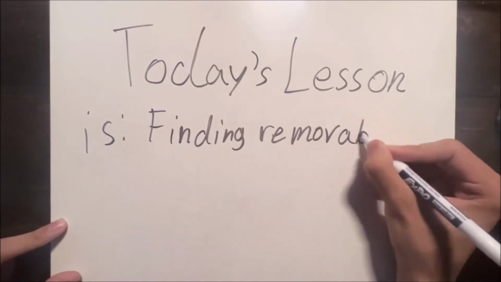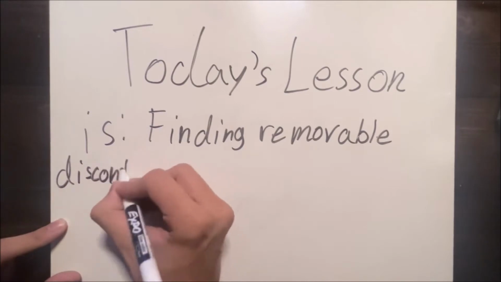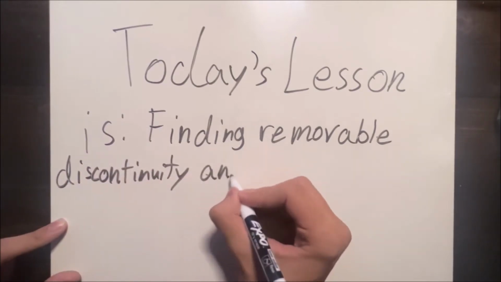Today's lesson is finding removable discontinuities and vertical asymptotes of rational functions.